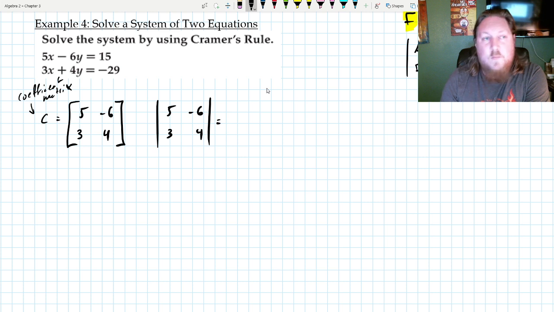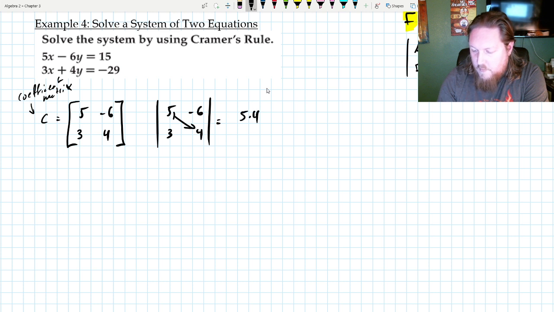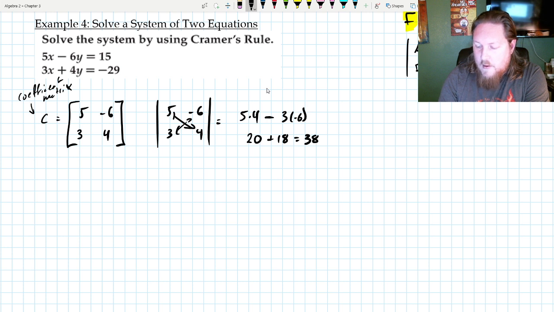If you remember, with a 2 by 2 it's pretty easy. You find the product of one diagonal, 5 times 4, and subtract the product of the other diagonal, 3 times -6. 20 plus 18 equals 38. So now I know the determinant of the coefficient matrix is 38.